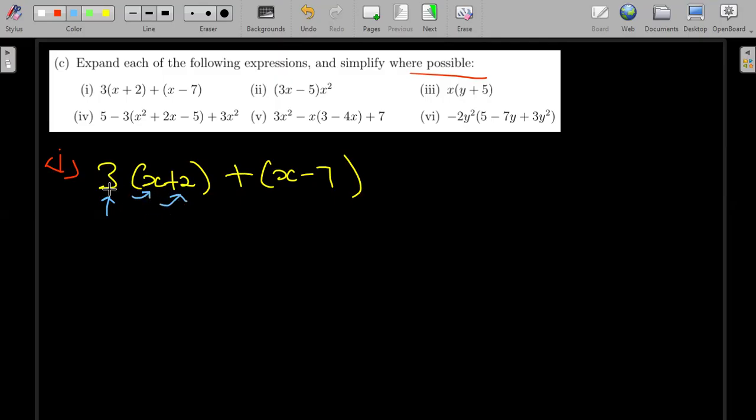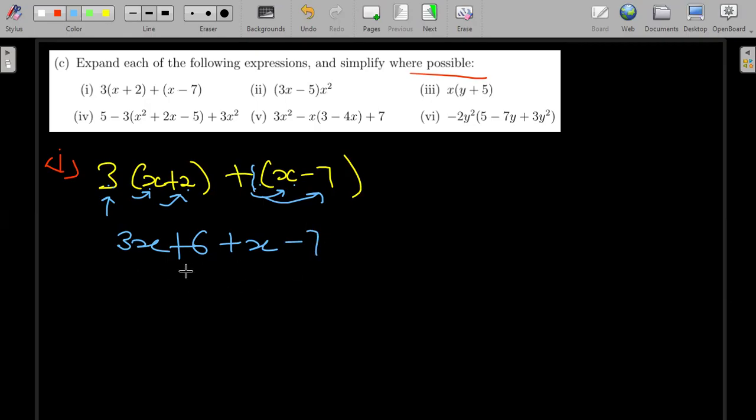So 3 multiplied by x, I get 3x, and 3 multiplied by 2, I get 6. In the other bracket, we can take it as if we have a 1 outside. So I'm expanding with the x and the minus 7. 1 multiplied by x, I still get x. Then 1 multiplied by minus 7, I get minus 7.